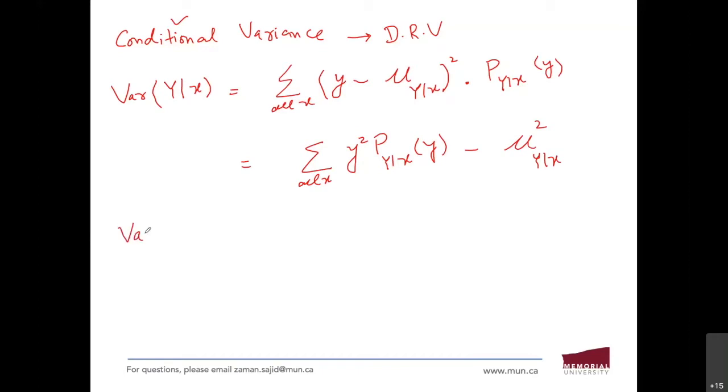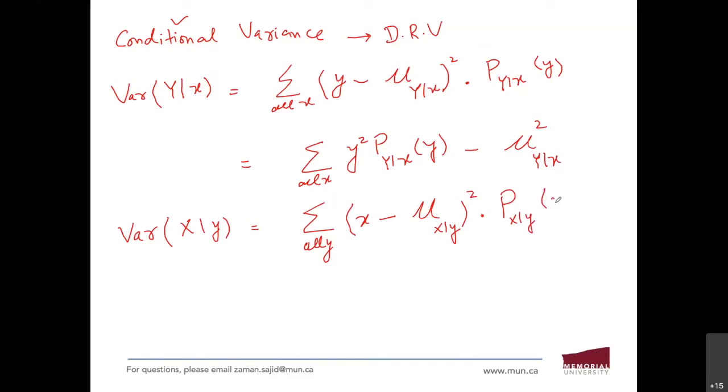Now, in terms of conditional variance for x given that y, the same approach: it should be x minus mu, and because mu should be based on x given y, we take the whole square, sum them up for all y, multiplied by your conditional probability here of x.